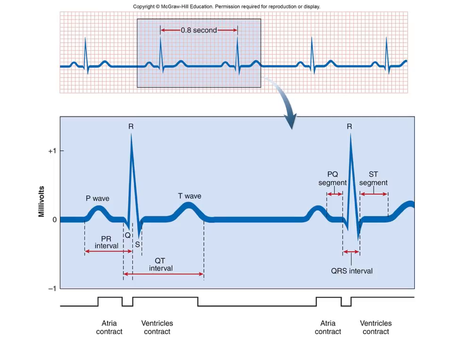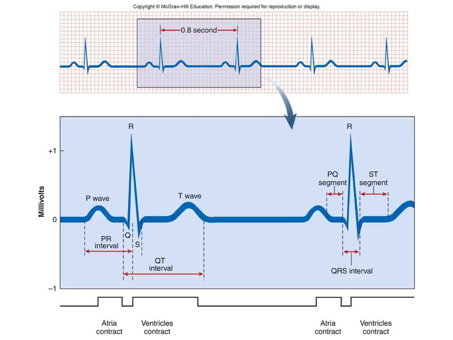Now, the P wave is when you have atrial depolarization. So that means that the cardiac muscle cells within the atria are being electrically stimulated to depolarize. Now, this is going to occur because the sinoatrial node has released an action potential.